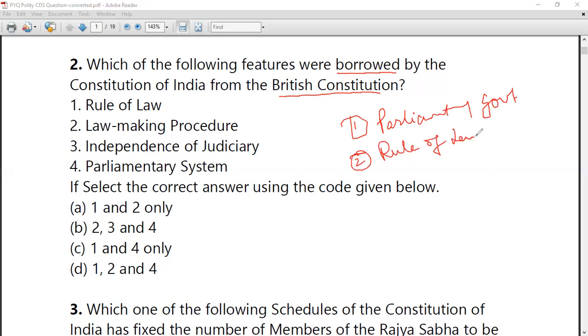We have also taken legislative procedure, then single citizenship, then the cabinet system.